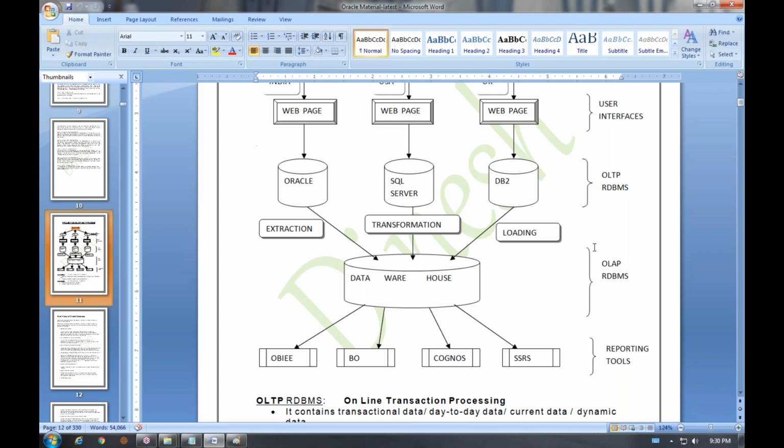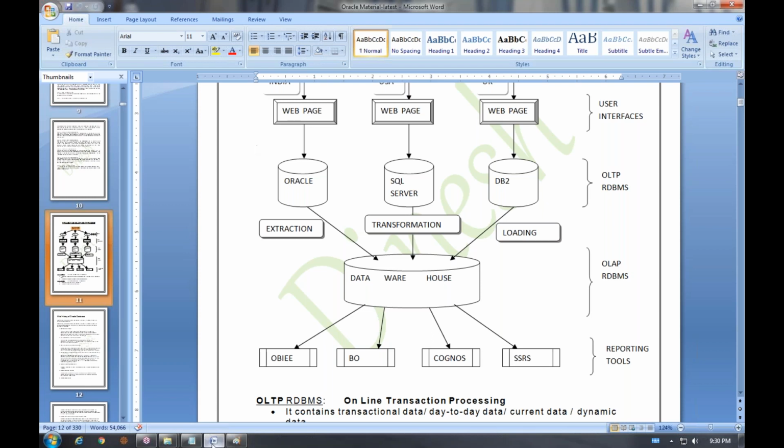All of you guys, listen carefully to my question. How many database servers according to this diagram are you maintaining? Three OLTP systems, one OLAP system. Total four RDBMS servers you are maintaining. Instead of all these, can I do the work of four servers with one RDBMS?